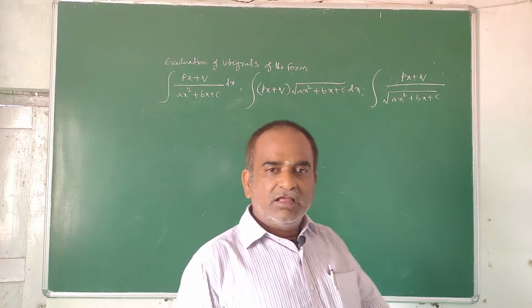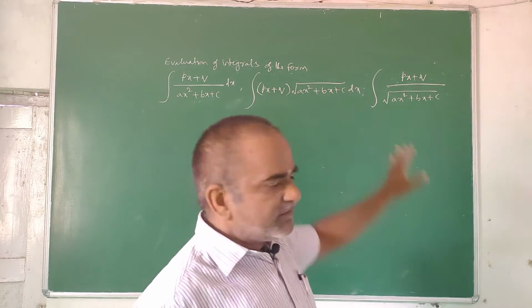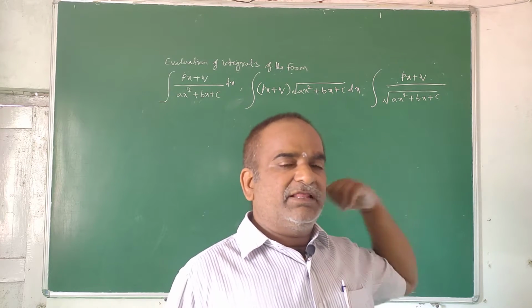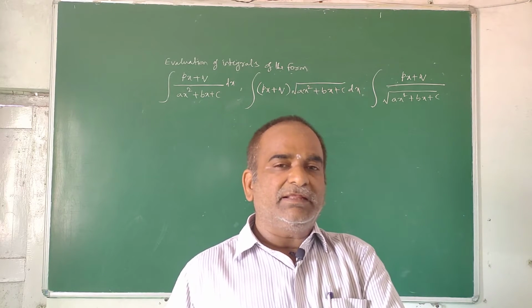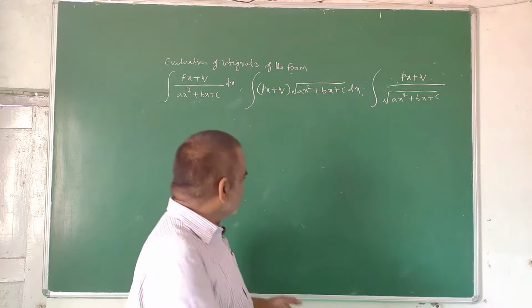So now, evaluation of integrals of these forms. If you are seeing any of these three forms, to evaluate that integral there is a specific procedure that I will explain. See here.